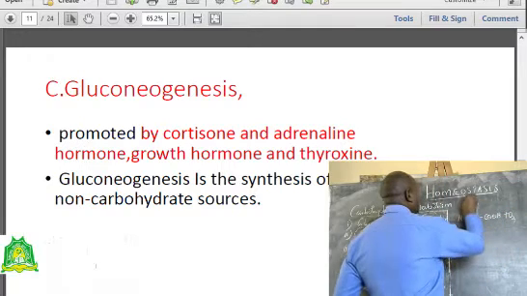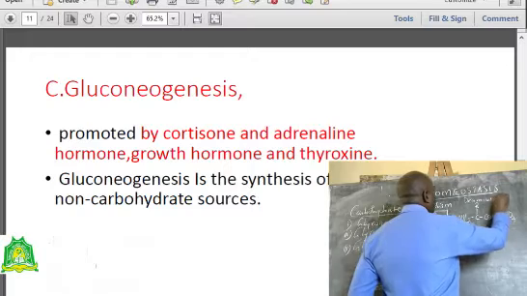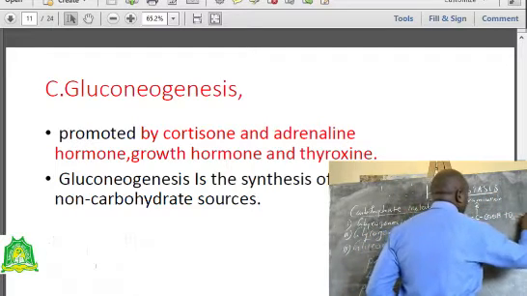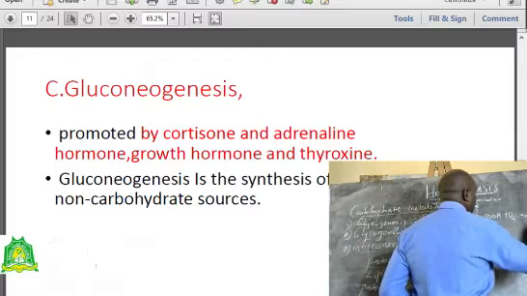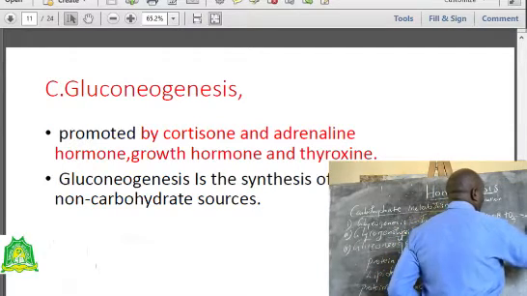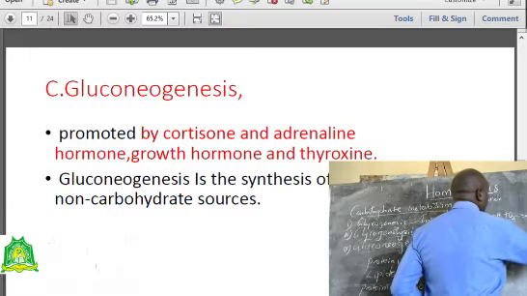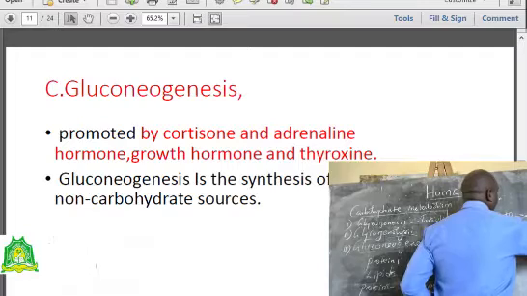So this is deamination. It will give us the carboxylic acid, R-COOH, and of course now plus the ammonia.